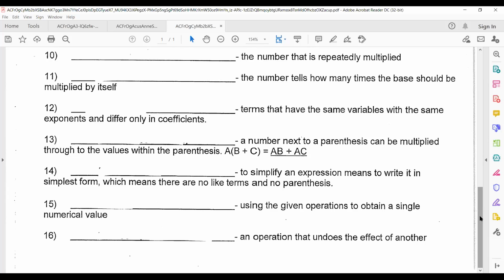Because in all of math, there's only 4 operations. Add, subtract, multiply, divide. Every problem in the universe is broken down into those 4 operations. There's variations within those, but adding and subtracting are opposites. Those are inverse. Multiplication and division are inverse.